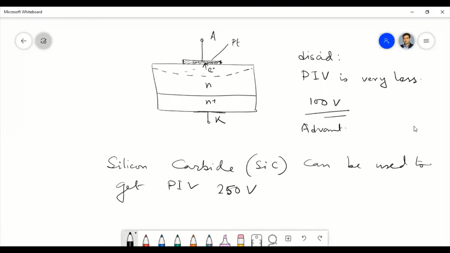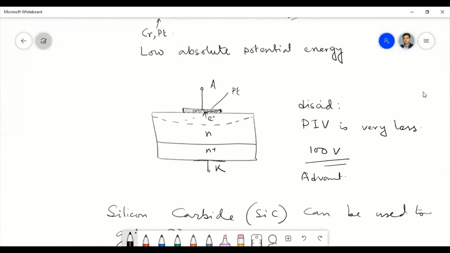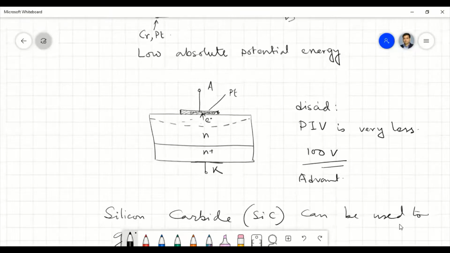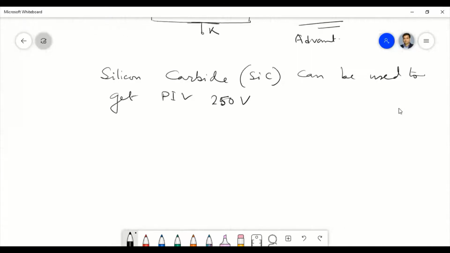Now let me discuss what we were discussing in the last class, the snubber circuit. The snubber circuit generally contains a capacitor and a resistance in series.